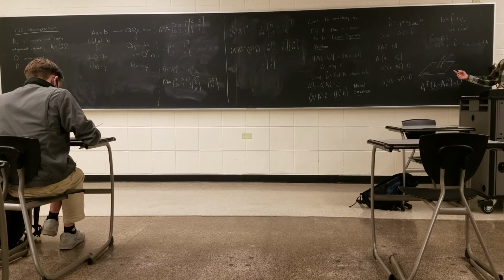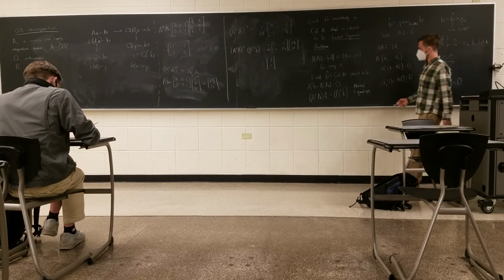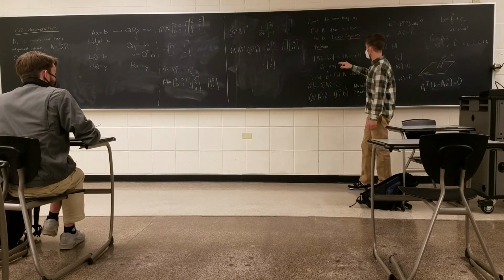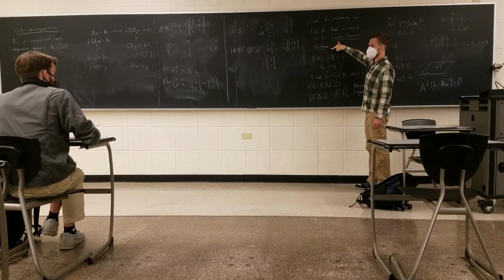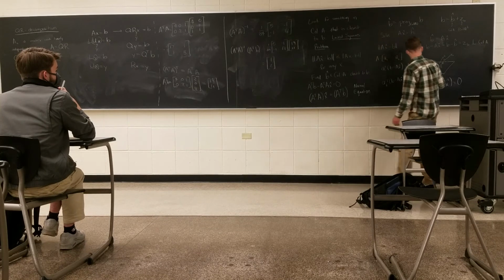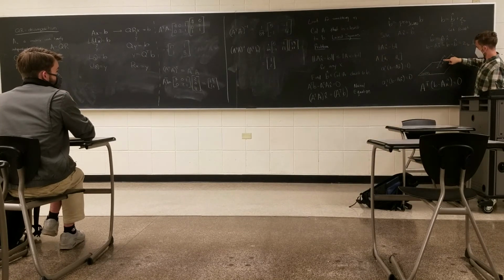So you can kind of see what I did here. I found that because we were looking for something that minimized the distance between AX and B, that thing that minimized the distance is something in the column space, and B is possibly outside the column space.